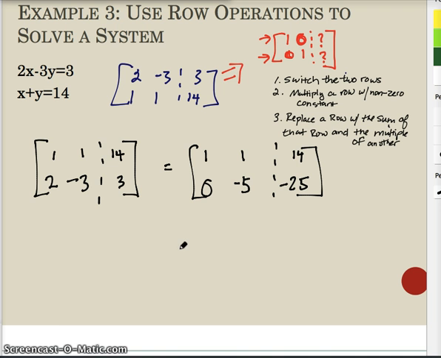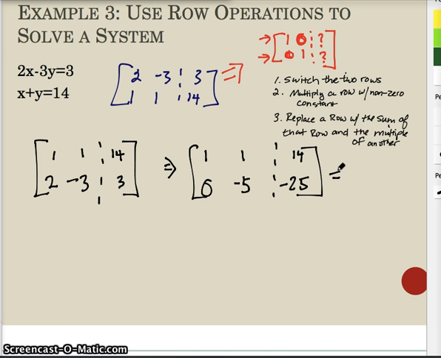The next thing I'm going to do is, it's really easy for me to get this term to be 1. In fact, this looks a lot like the same process we used last time. In order to get this term to be 1, I'm going to use rule number 2, which says I can multiply a row by a non-zero constant. In this case, I'm going to multiply this row by -1/5. In essence, I'm dividing by -5 because that's going to give me the 1 here.